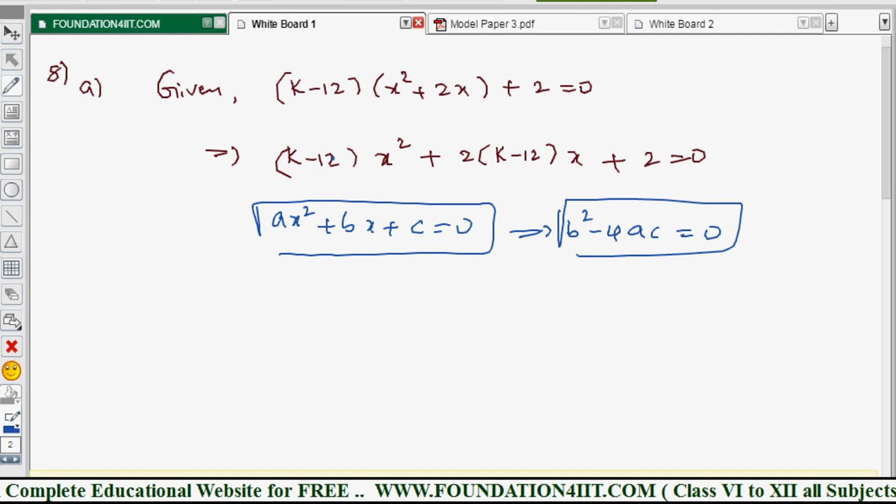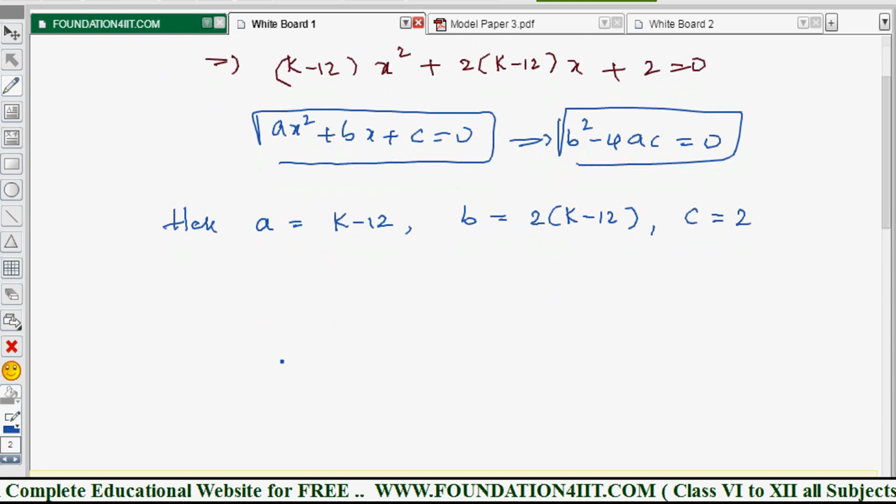Here the x square coefficient is a, so a is equal to k minus 12, and b is the x coefficient, so 2 into (k minus 12), and c is the constant, that is 2, right? Then the given condition is that roots are equal.